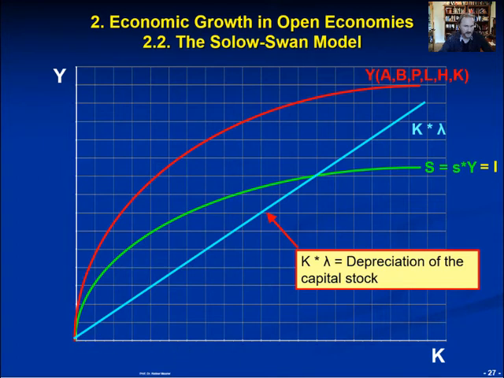For example, if the capital stock would be equal to the length of 7 little quads, 1, 2, 3, 4, 5, 6, 7, the depreciation curve tells us that total depreciation equals the length of 1, 2, 3, 4, 5 little quads.